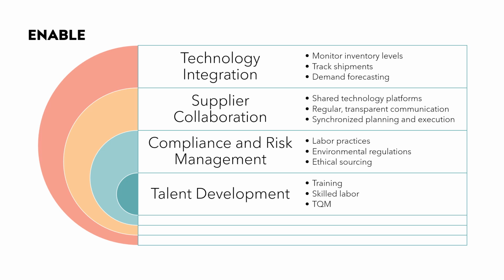In regards to these suppliers, Apple enforces strict compliance standards, focusing on labor practices, environmental regulations, and ethical sourcing. Regular audits and assessments are conducted to ensure adherence to these standards, mitigating risks and promoting sustainability. Lastly, investing in human capital is a top priority for Apple. The company provides training and development programs to enhance the skills of its workforce, ensuring that employees are equipped to manage complex supply chain operations effectively.